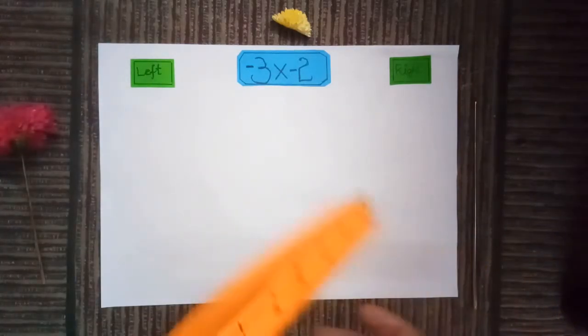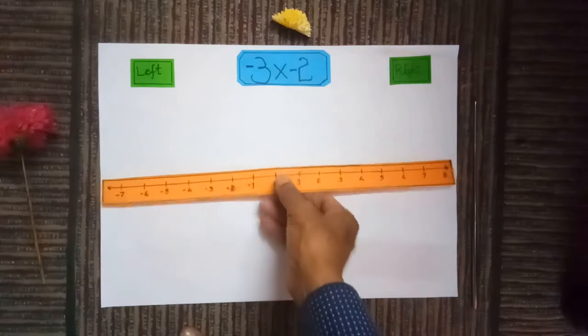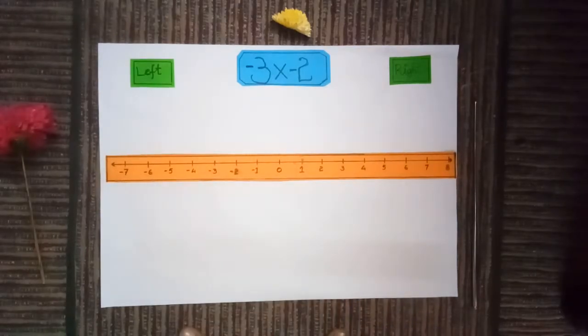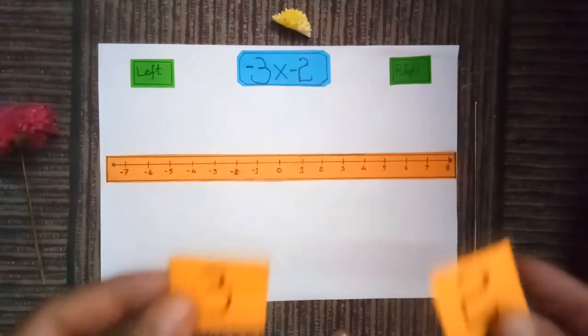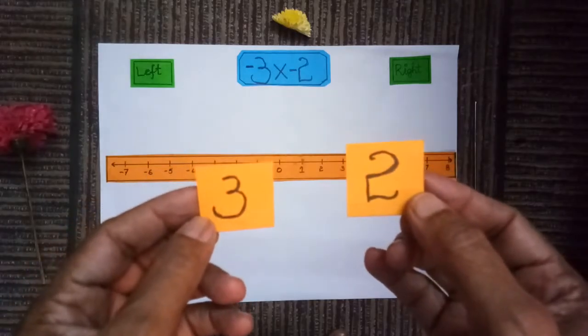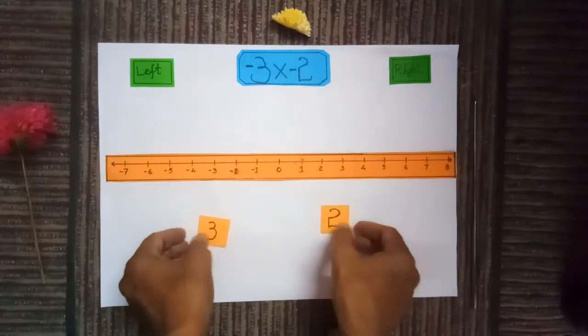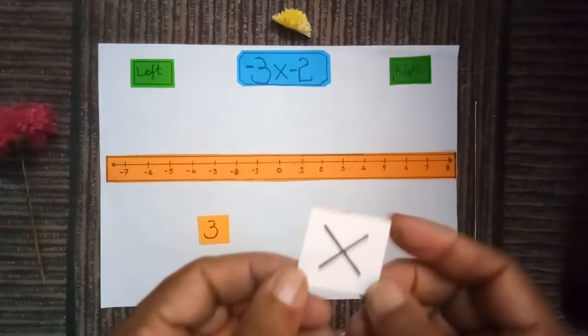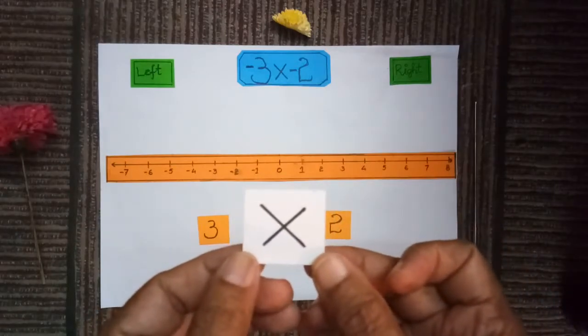Yes. Now, to begin with, let us consider two integers, say 3 and 2, to explain this rule. So 3 and 2, and what is it that we need to do? We need to multiply 3 and 2.